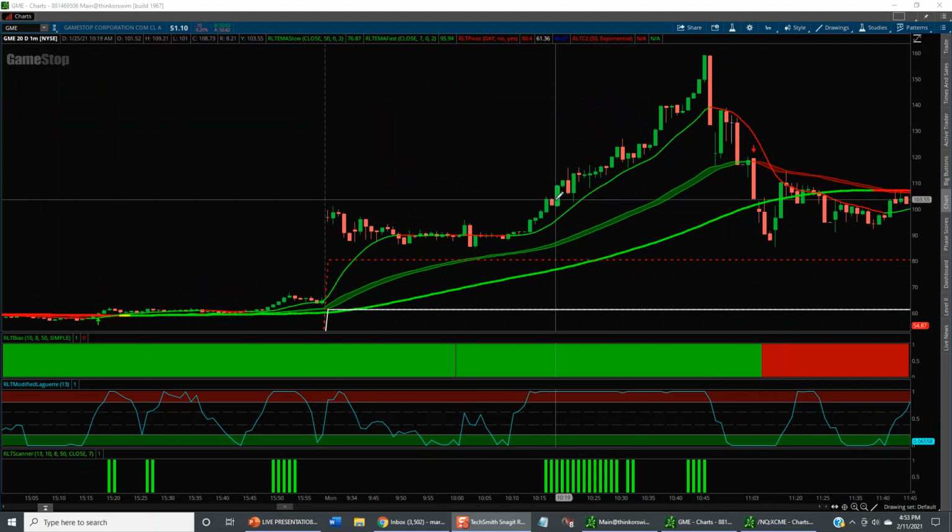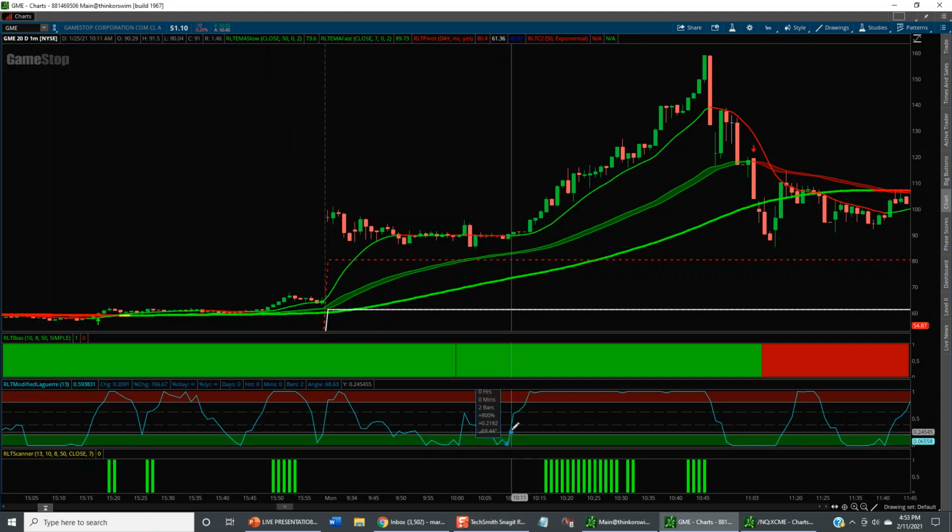This is GameStop, and I'm going to show you more than one example. And what we have here is our Laguerre oscillator, which we have modified internally, and it goes from oversold to overbought.